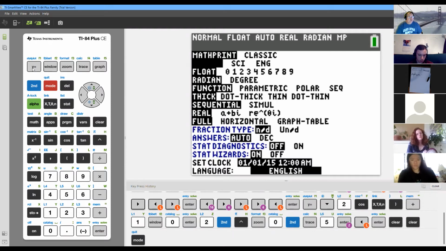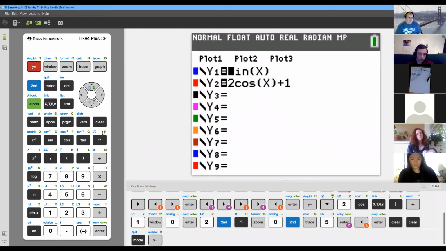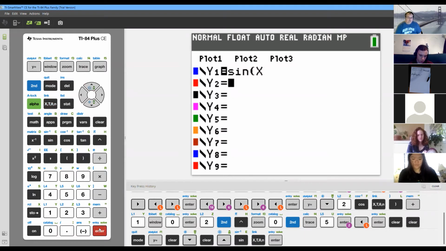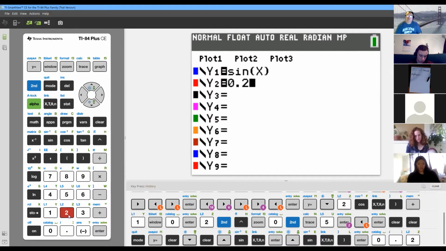Then what you do is you go and you hit y equals, and I'll clear these guys out, and you type in sine x, and then you type, oops, let me do that again. And then you type in on a separate line 0.2. So sine x equals 0.2 becomes 2 distinct graphs.